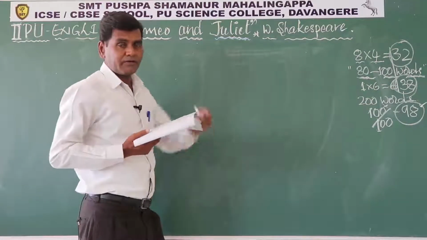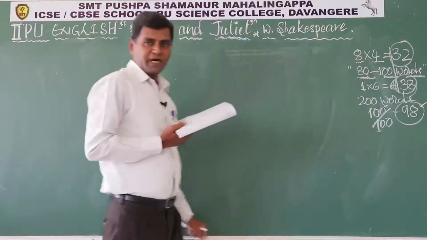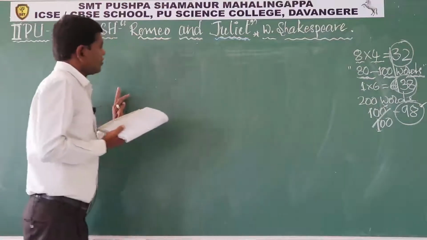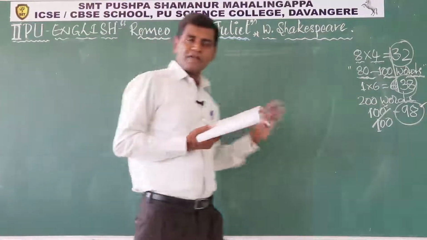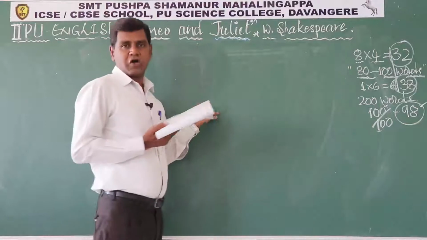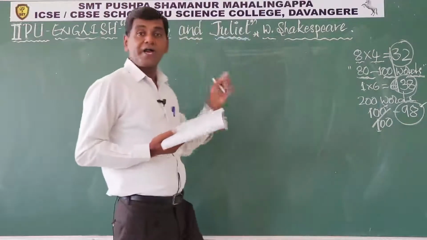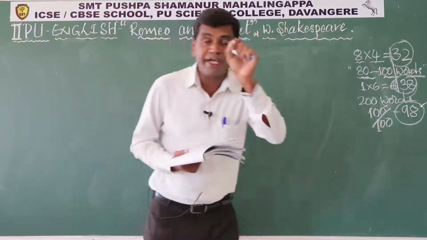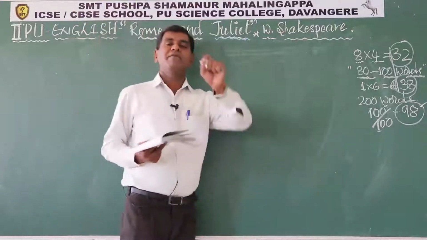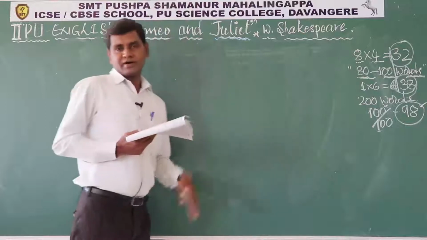And there was a restriction for the people to attend this party, because you know that Verona has two noble families, dynasties called the Capulets and the Montagues, and they are sworn enemies, rival families living in the same city called Verona.